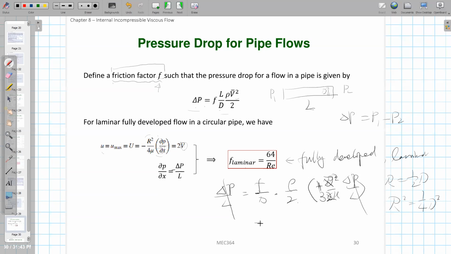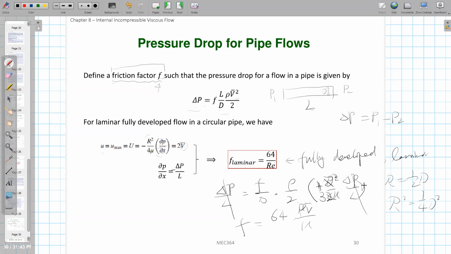So F will be 64, and you have mu here and also mu on the bottom, and you have rho and V average.